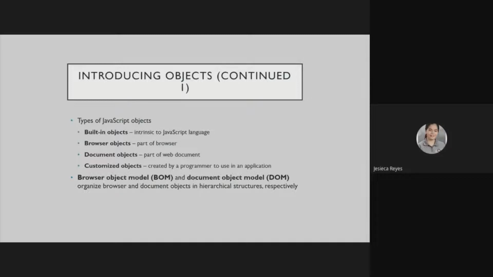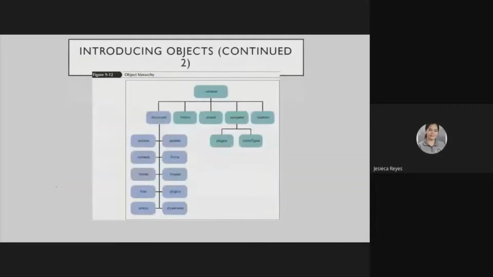So there are two types of object models in JavaScript. We have the browser object model and the document object model. They are used to organize browser and document objects in hierarchical structures, respectively. So this figure shows the object hierarchy in JavaScript.